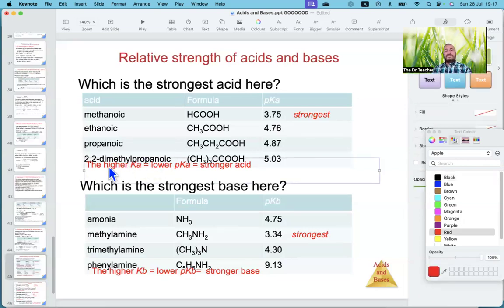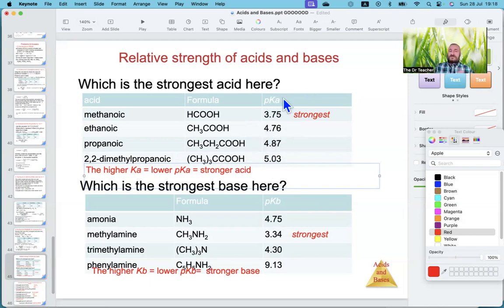So you can see here what we have: pKa is 3.75, and this is 5. So which one is strongest? You remember, from 7 down, whenever you decrease the number in the pKa, you have a stronger acid. So the lowest number is the strongest acid.